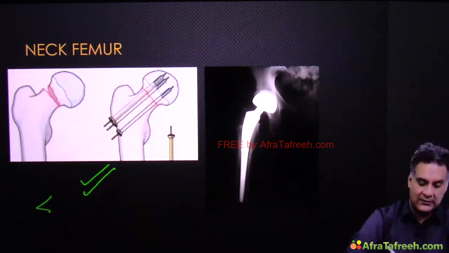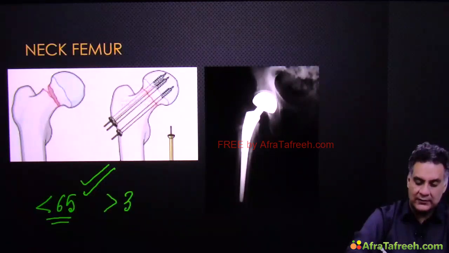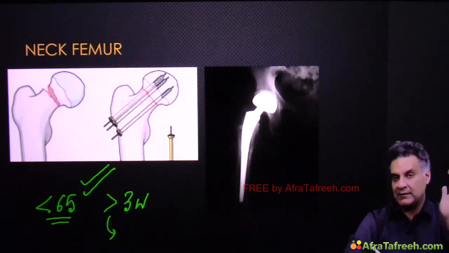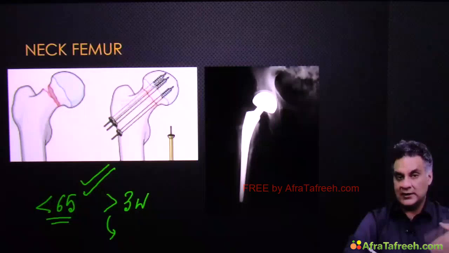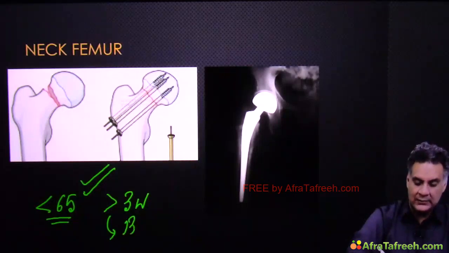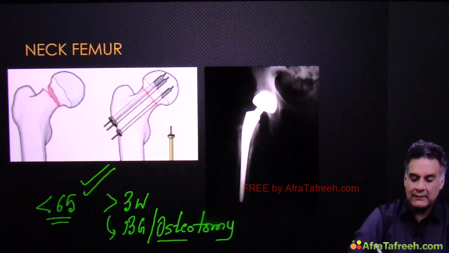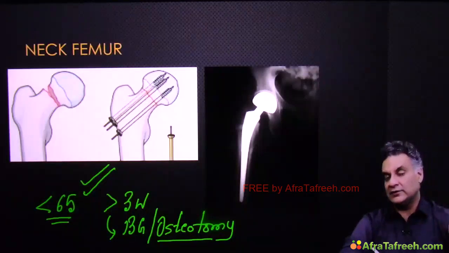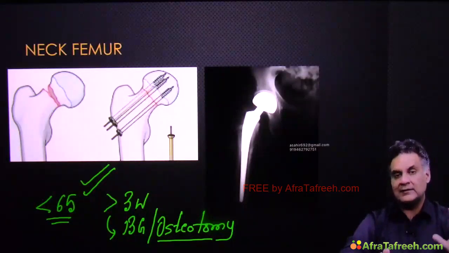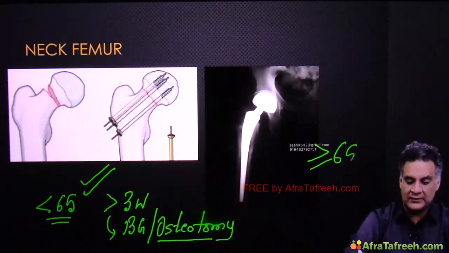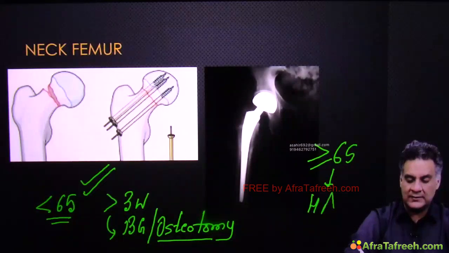Less than 65 years of age, more than 3 weeks of fracture, because the chances are less, the cambium layer is not there, forces of vertical shear are there, either do a bone graft or do an osteotomy. The aim is to make the fracture line more horizontal, because the lesser the Powell's angle, the better is the union. More than or equal to 65 years, treatment is hemiarthroplasty.